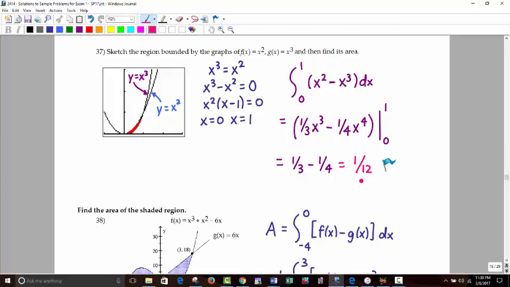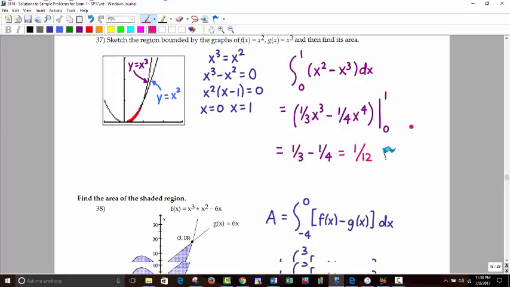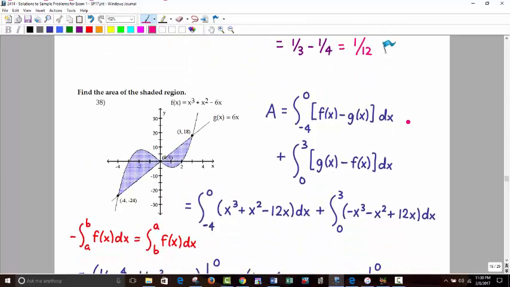So 1/12 seems about right. So here's a picture with two different regions. When you have two different regions with a different upper and lower graph, that means you have to write it as the upper minus lower, and then whenever it changes, you have a new upper minus lower.